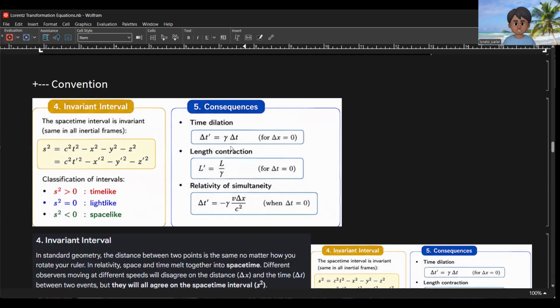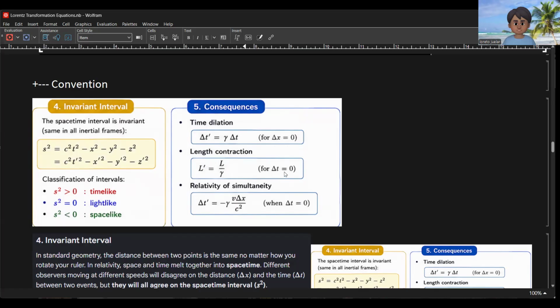Time dilation: delta t prime equal to the Lorentz factor times delta t. For delta x equal to zero, we have length contraction: L prime equal to L over the Lorentz factor.